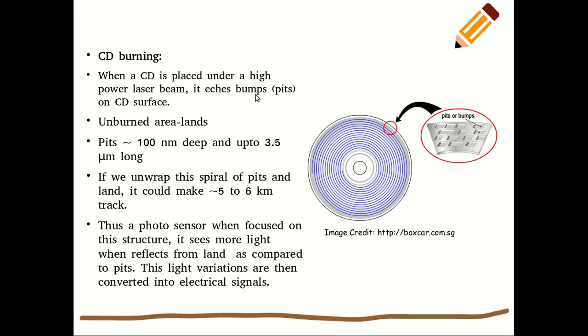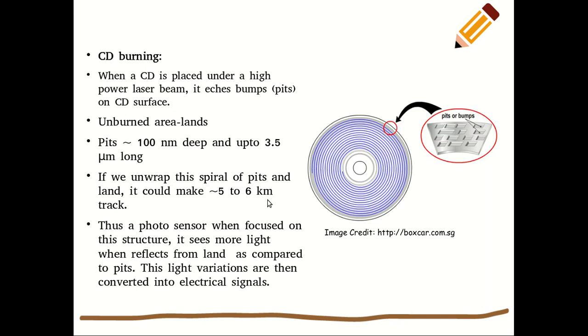These bumps are known as pits, and these pits are there on a CD in spiral form. The radius of the spiral is increasing from inward to outward. And the more interesting thing is that if we unwound the spiral present on any CD, it would cover a distance of about 6 kilometers.